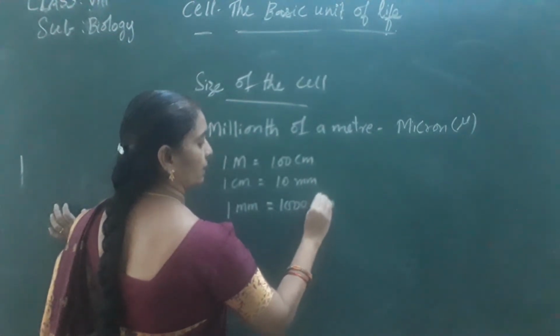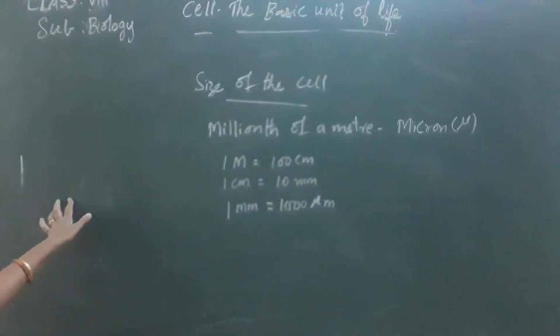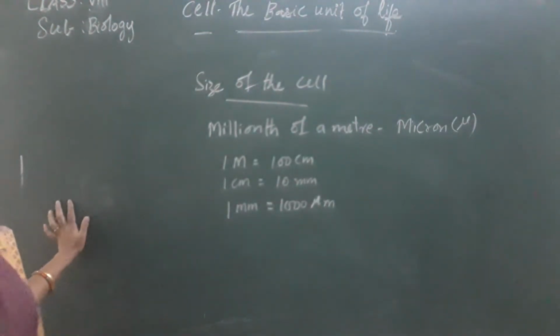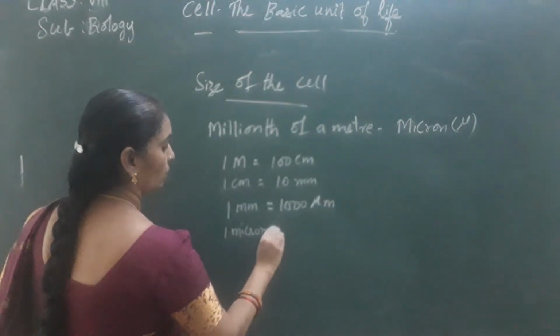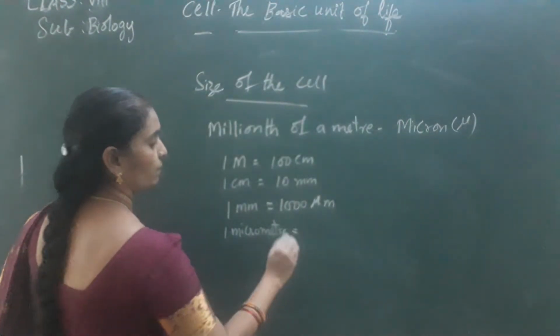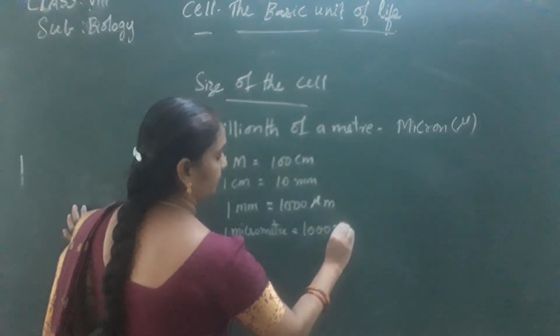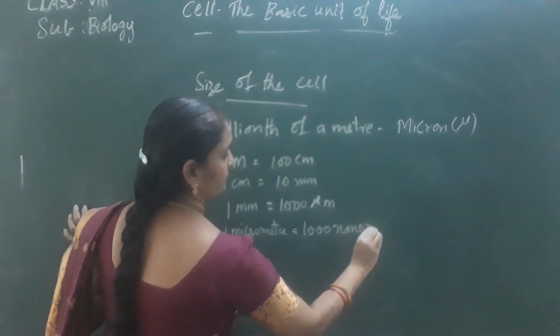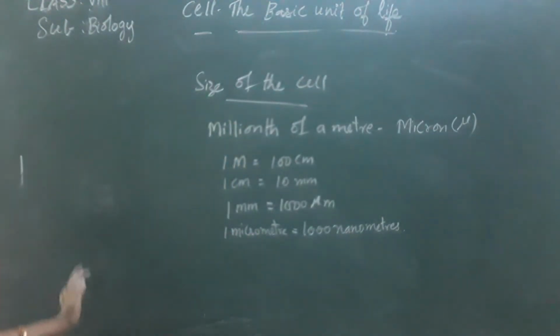You have to write like this: 1 millimeter is equal to 1000 micrometers and 1 micrometer is equal to 1000 nanometers. Note down, children, 1000 nanometers.